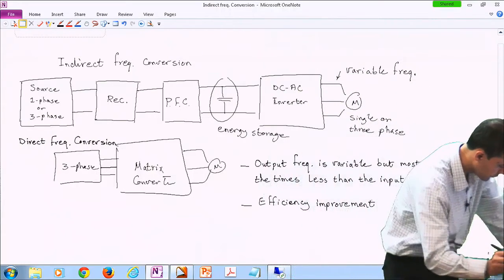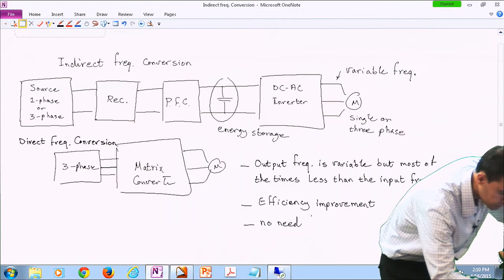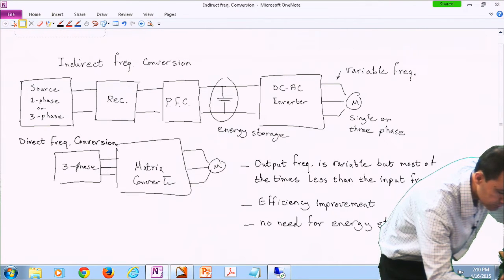So in this method, we have no need for energy storage, or basically caps.